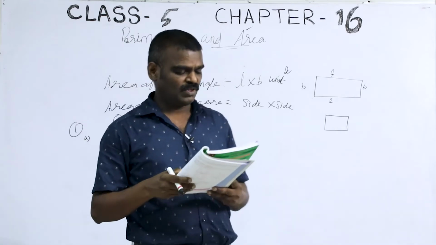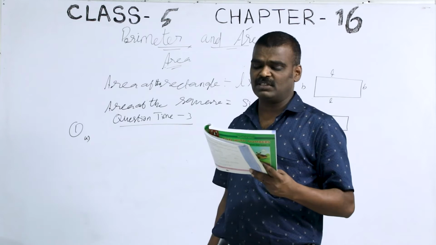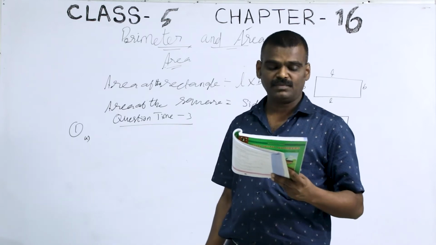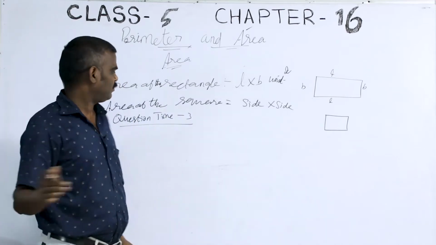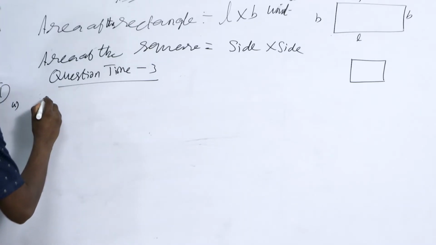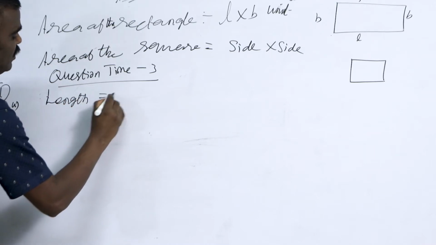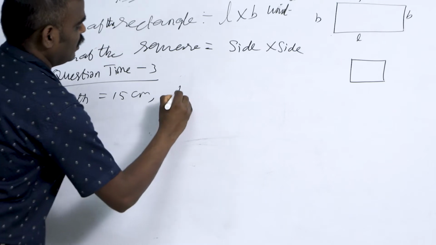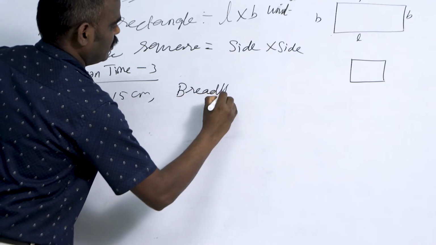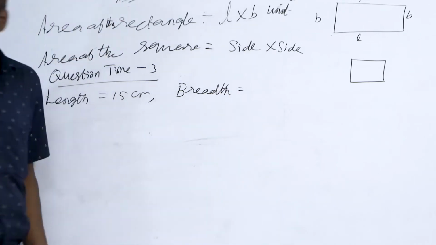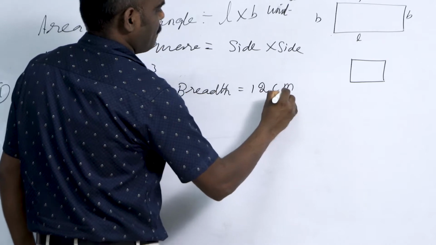Question time 3. What does question time 3 tell? Read the question. Find the area of each of the following rectangles whose dimensions are given below. Length is 15 centimeter, breadth is 12 centimeter. Okay.